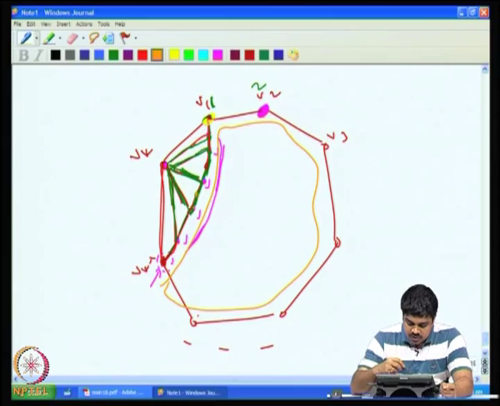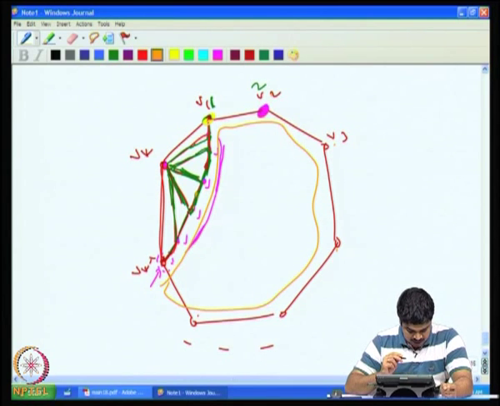V1 and V2 have already got colors, V3, V4, all these up to Vk minus 1 had 3 colors, we haven't disturbed them, and these vertices which had 5 colors before have lost at most 2 colors. Maybe they might not have lost any, but if they had shared some colors with Vk, they have lost those 2 colors, right?